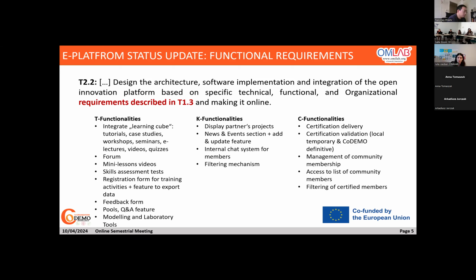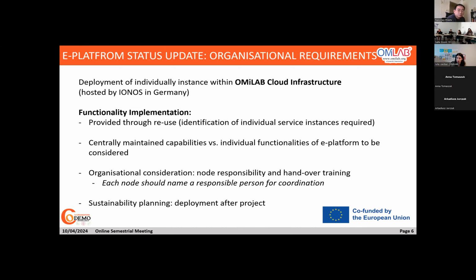So for example, video content for the training is relevant for the knowledge functionality as well, so we can reuse it, of course. Based on this list, it's in 2 parts, let's say. The first part is on the functional requirements that are needed, which is this one. But of course, in order to support this, we also need some organizational requirements.